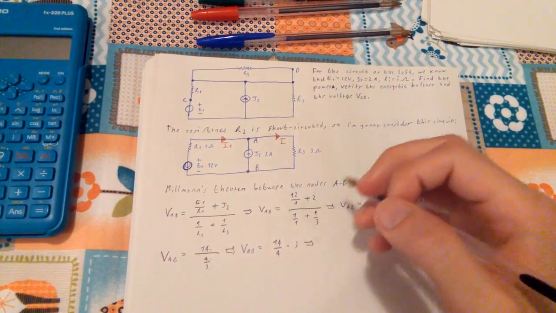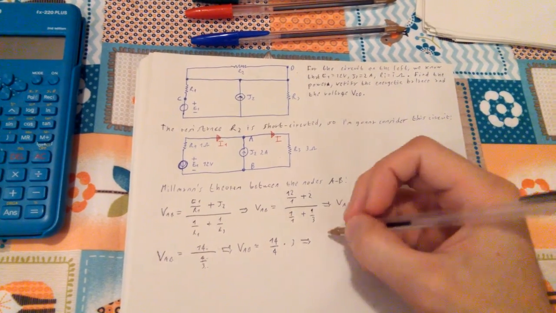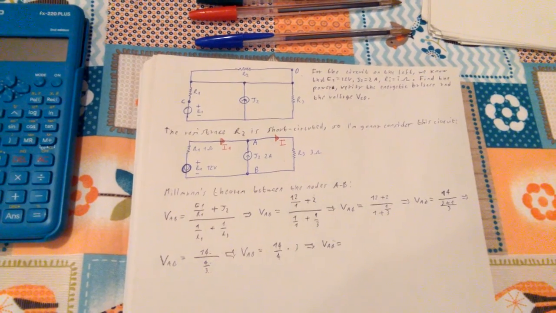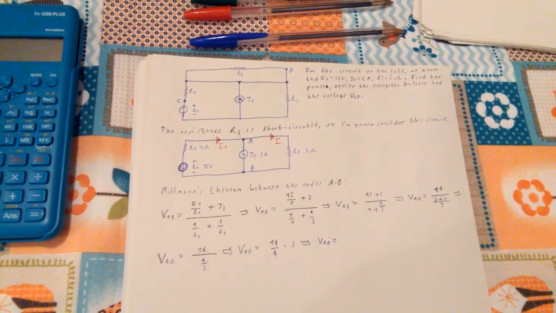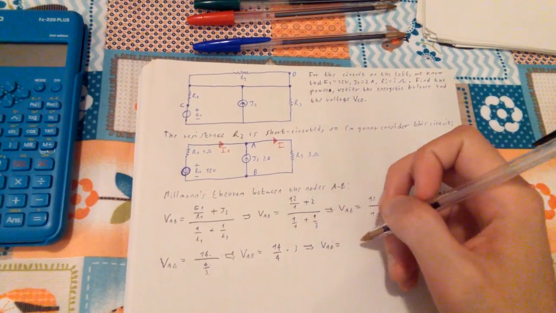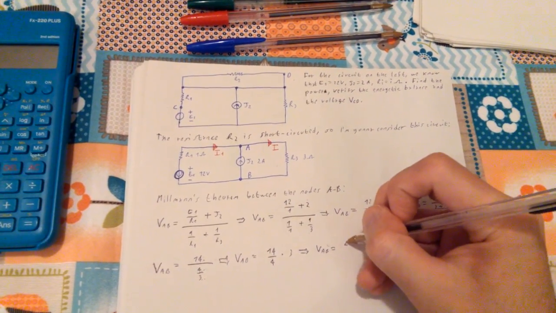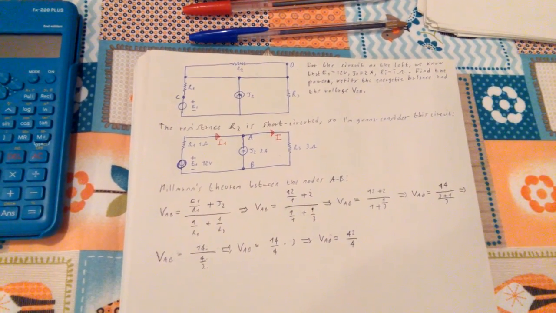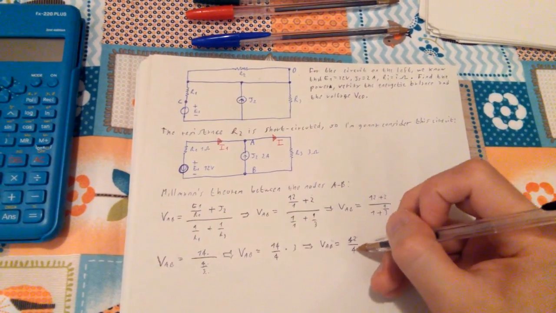Which is just, well, this will just be 14 times 3 will be 42 over 4. 42 over 4, I can simplify this.